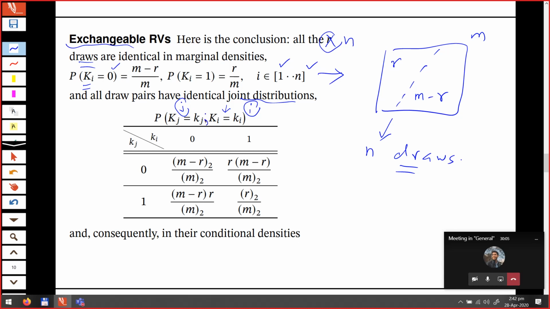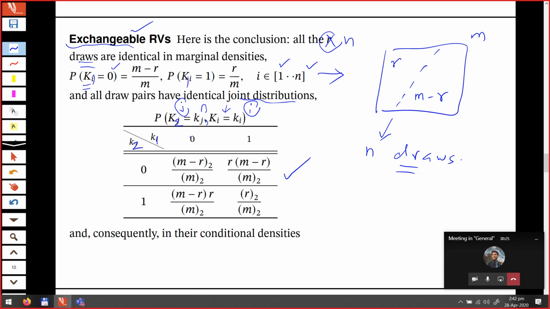The joint probability, which means intersection, will also be of the same form. Now interestingly, why do we call them exchangeable RVs? Because this table was also for 1 and 2, and these formulas are also for 1.